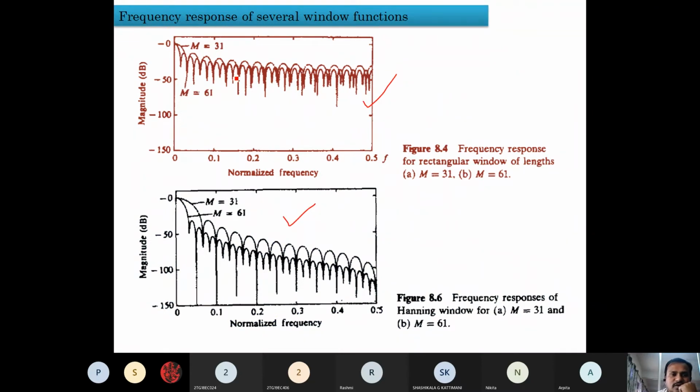So you can observe here. What about the magnitudes? The rectangular window gives the magnitude values.